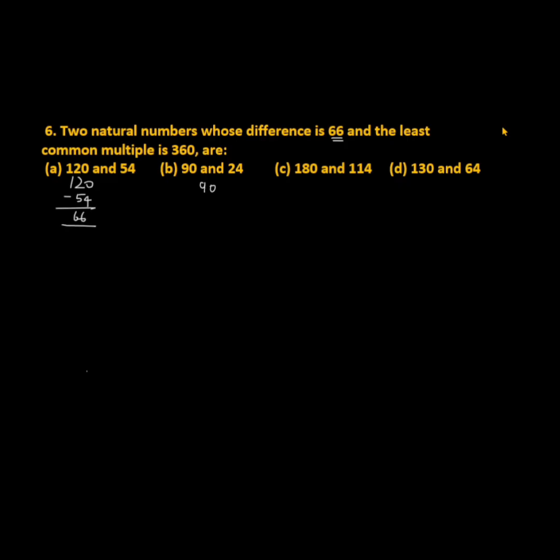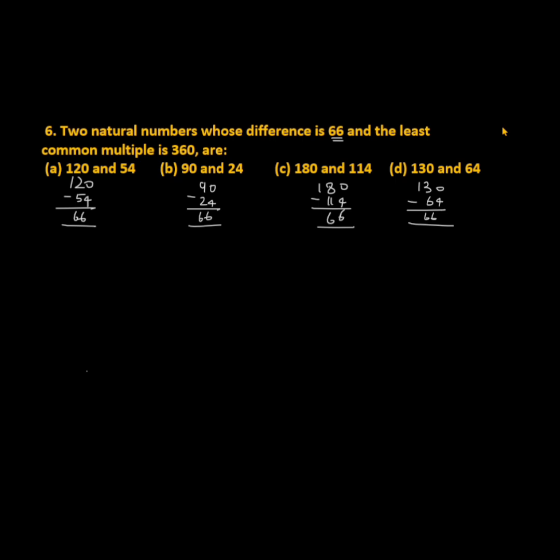Here 90 minus 24, we are getting 66. Then 180 minus 114, we are getting 66. Then 130 minus 64, here also we are getting 66. So we cannot leave any option. We need to check all the options.